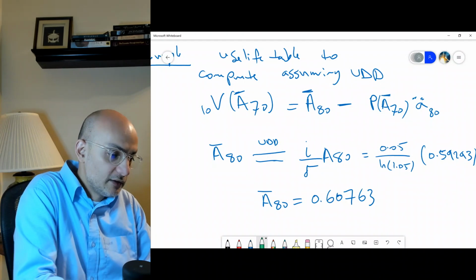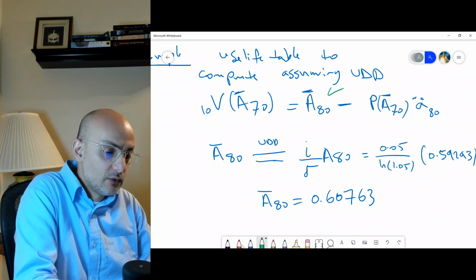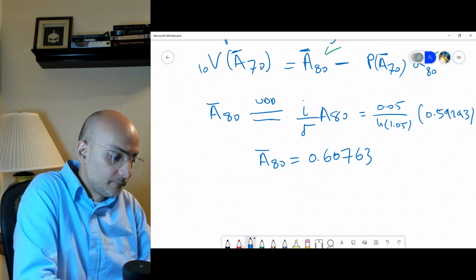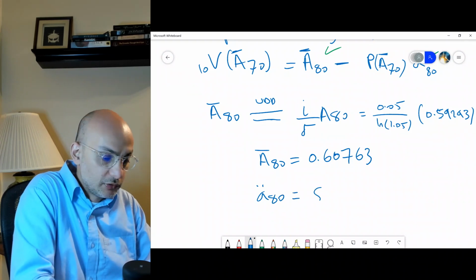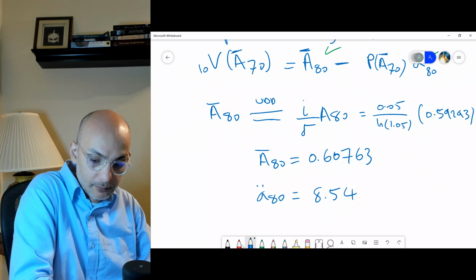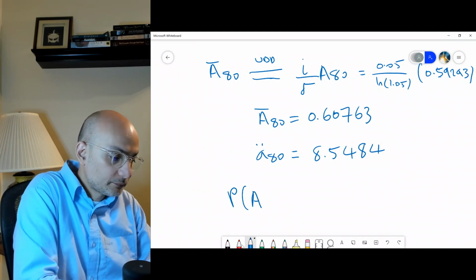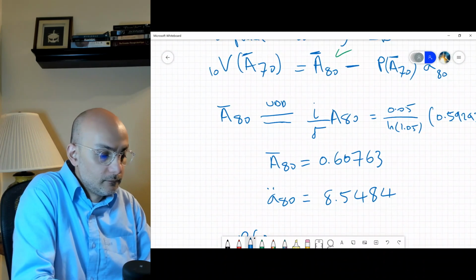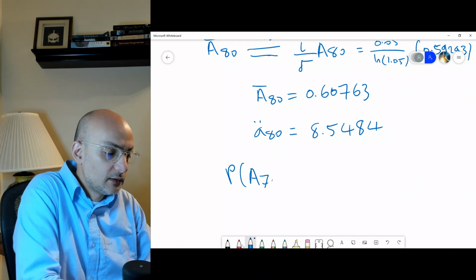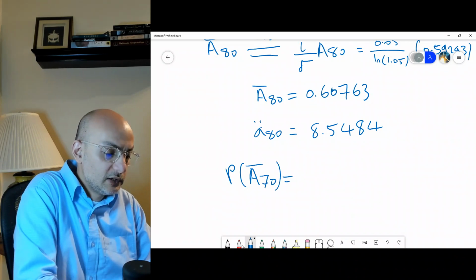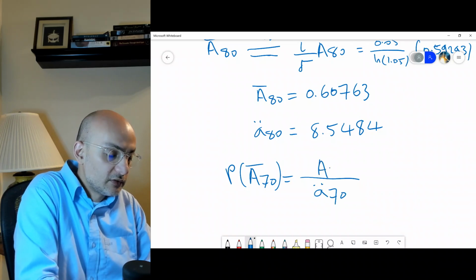So now we got this one. Now this one is already given because you can find it right away in the table, which you already found before. Now the P A70, nothing difficult here, right? It's simply P is discrete, so we know this is 70 here and this is continuous.